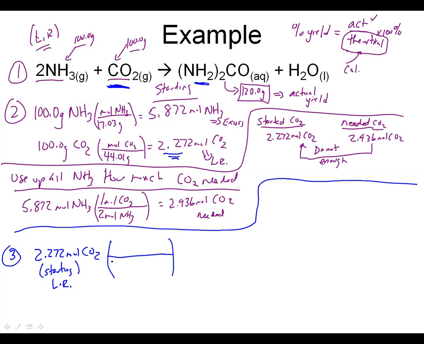So 1 mole of CO2 from the equation gives us 1 mole of our product. I could do that math, and I think that's 2.272 moles of our product at this point. This would be our theoretical yield in moles.